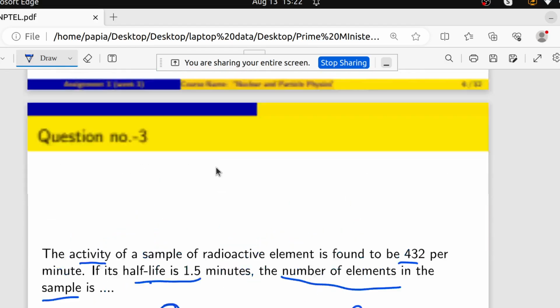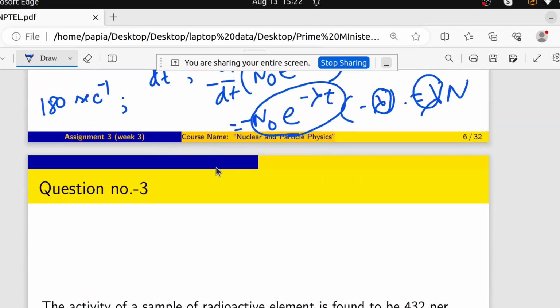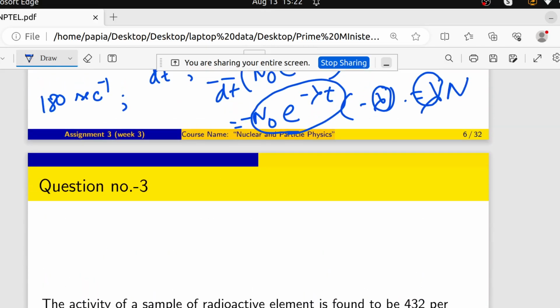What was there? A is 432. And obviously we have to be very careful about the unit, because previously it was in the unit of second inverse, right? Now it is in the unit of minute inverse. Per minute means it is minute inverse, right? And the half-life is also given in minutes, so there is no problem.